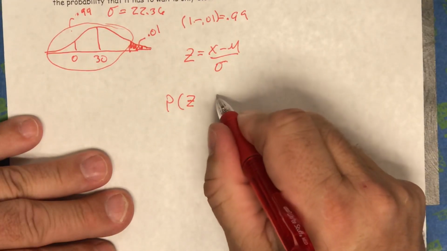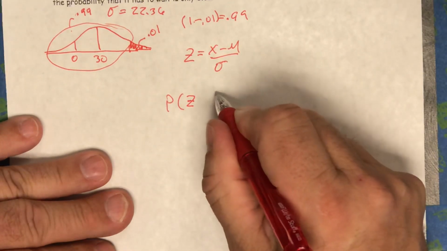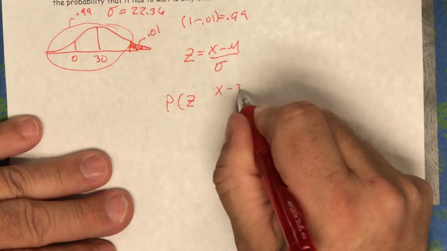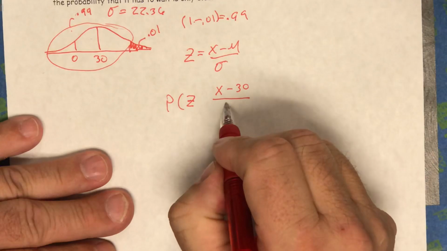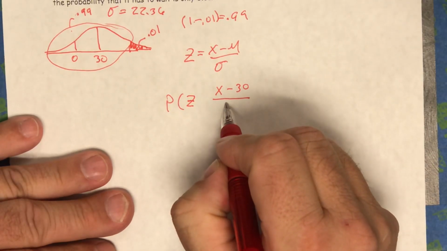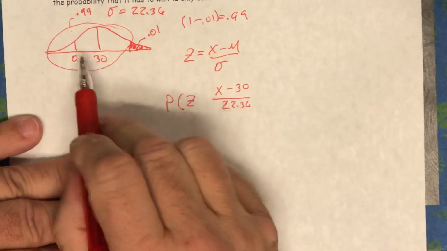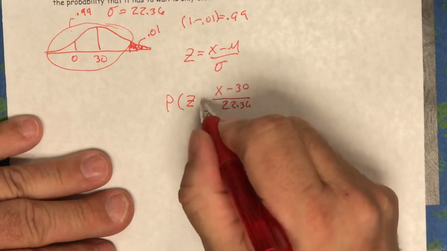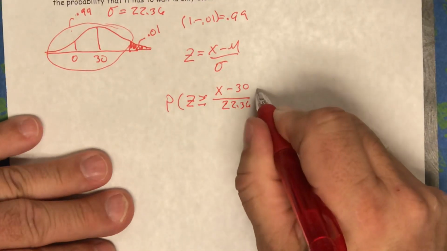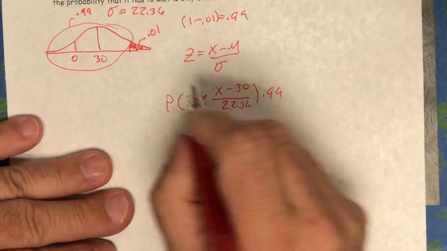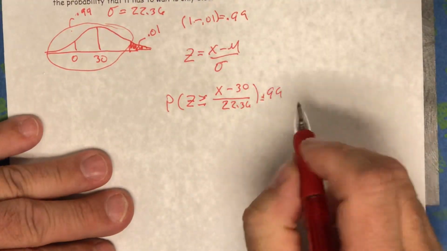and then we have x is what we're looking for. We know our mean is 30, and we do know our standard deviation is 22.36. And since we're working this way, we want it to be greater than or equal to 0.99 because we're working from left to right. So it equals 0.99.